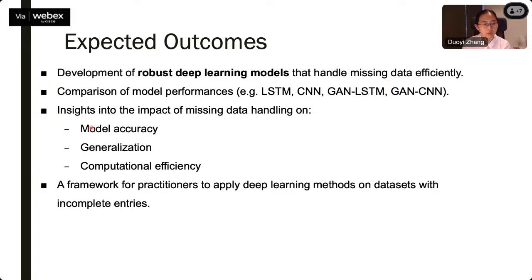We will also get some insights into the impact of missing data handling. During the experiments, you will see how these discriminative and generative methods handle missing data and how the models perform.